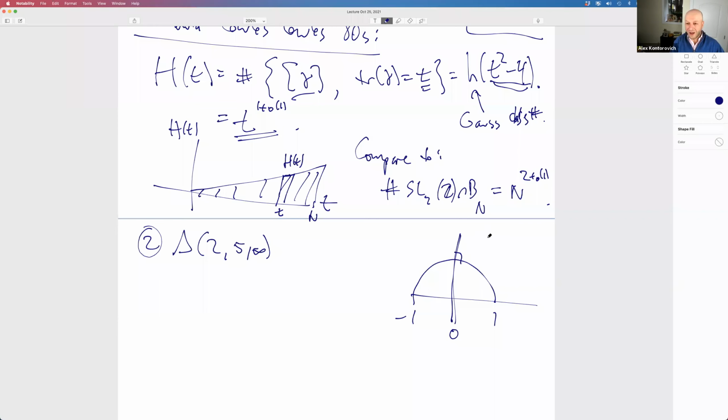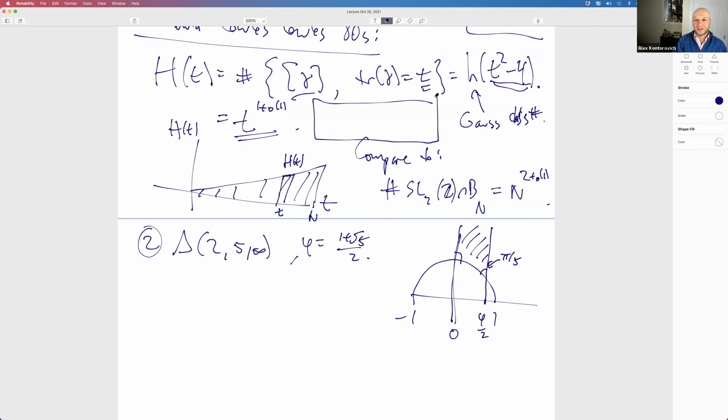To get a pi over 5, so if I want this angle to be pi over 5, it turns out that I have to take here the golden mean, or maybe half of the golden mean. So phi is the golden mean, 1 plus root 5 over 2. And so this is the classical Hecke 5 triangle group. And just like SL2Z, let me do a little aside.